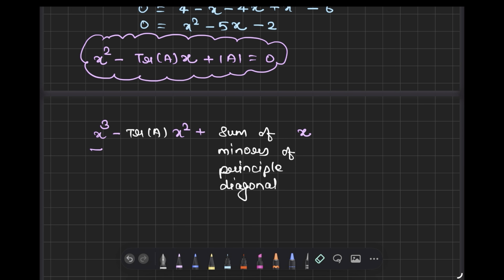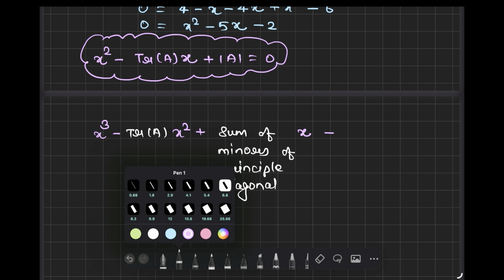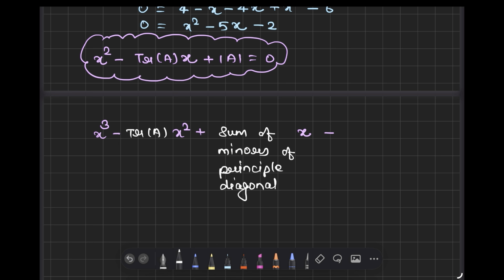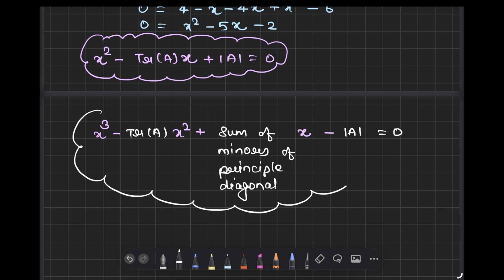And then finally you will write a minus sign, and then you will write determinant of A equal to 0. So this thing also you have to memorize. Who is minor? The moment we study minors and cofactors, while dealing with adjoint, you will understand. For time being, just memorize these two statements.